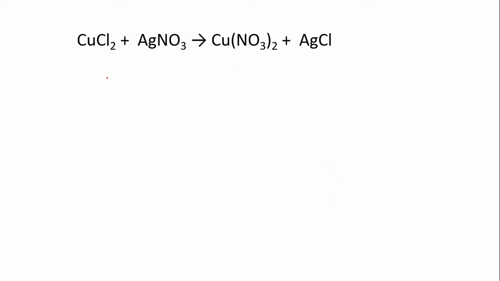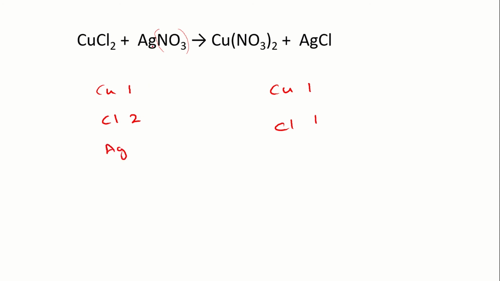Let's look into another equation. Again, you should be able to realize that this is nitrate, which is a polyatomic anion. Sort things out. You have 1 copper, just 1 atom on both sides. You have chlorine, 2 on the reactant side and 1 on the product side.